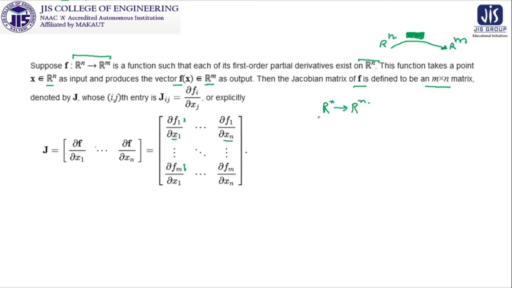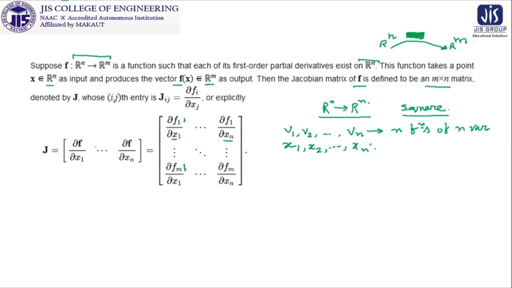Now to make it simpler, if we think about this conversion from Rn to Rn, it will create this Jacobian matrix as a square matrix. So we can define it in this manner: let v1, v2, up to vn be n functions of n variables x1, x2, up to xn.